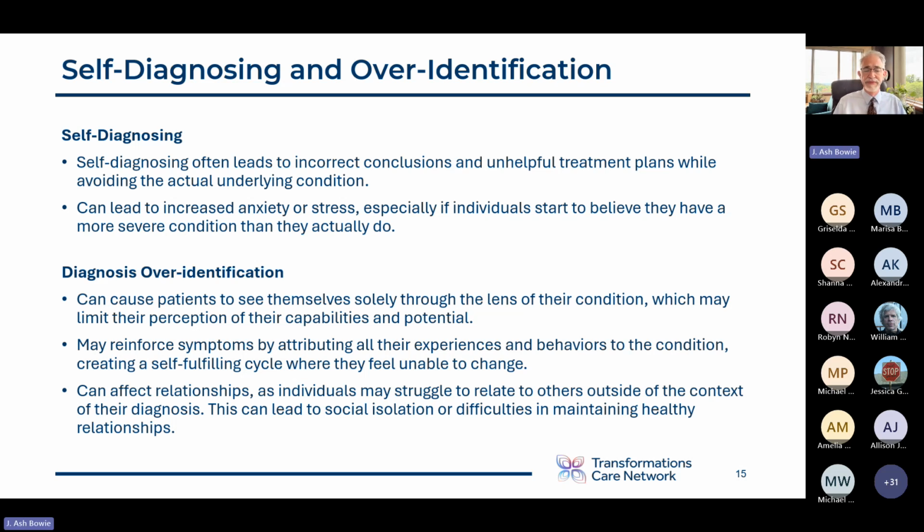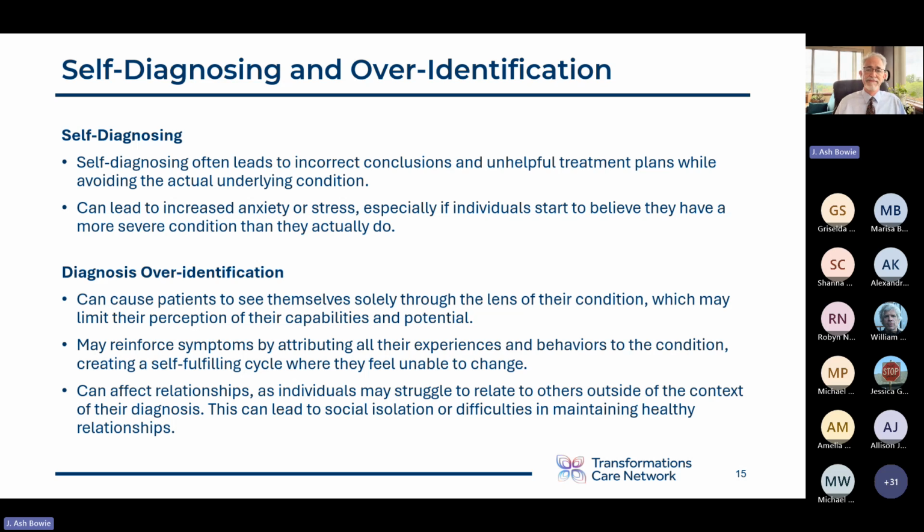It can reinforce symptoms, or it can exacerbate symptoms. Like maybe they do have mild symptoms, but then it may become exacerbated into severe symptoms because they really want these symptoms to manifest, because now they've over identified with it. And obviously, it can affect relationships, right?